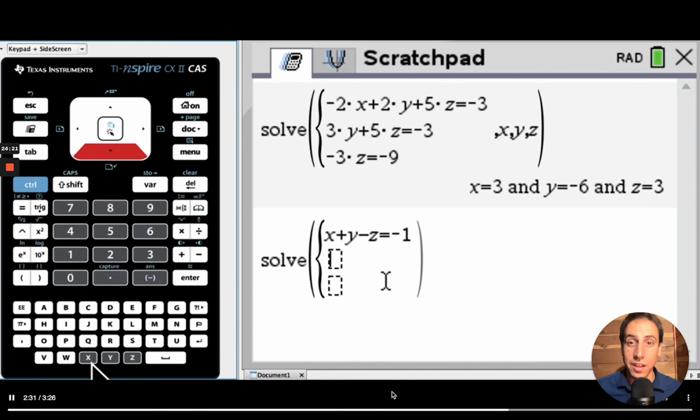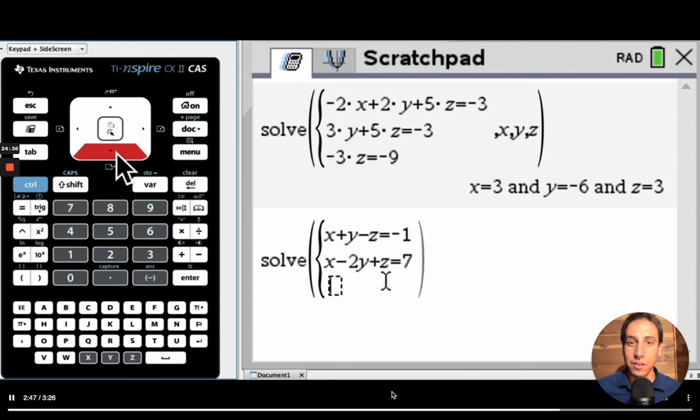Down arrow to get to the next equation. x minus 2y plus z is equal to 7.